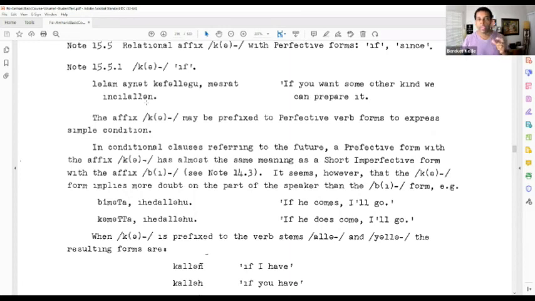The difference here, though, is that when you have ka, it indicates a little more doubt on the part of the speaker. So the speaker is conveying that there's something a little more doubtful about this. It may not happen. It's really almost hypothetical.